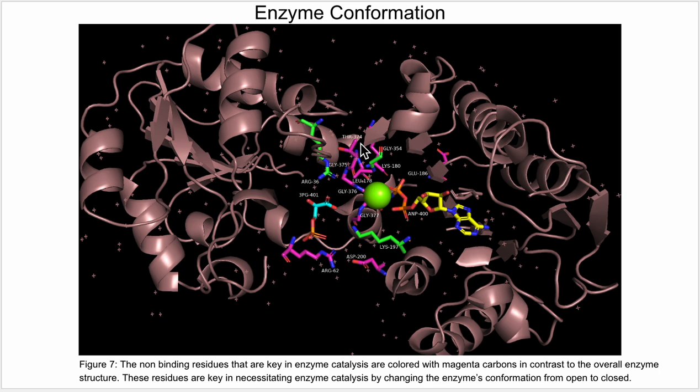Subsequently, threonine 374 moves towards arginine 36, and this reorients the residues glycine 375 through glycine 377. The closed conformation is then secured by the establishment of a salt bridge between arginine 62 and aspartic acid 200.